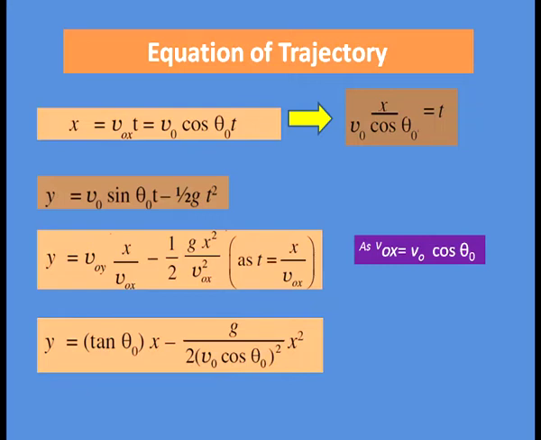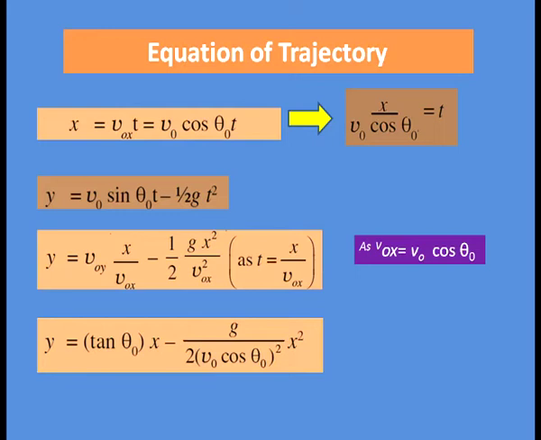So, it becomes y equal to Voy, that is V0 sin theta 0 is Voy. In place of t, we put x divided by Vox as Vox equal to V0 cos theta 0 minus half gx square divided by Vox square. In place of t square, we have put x square divided by Vox square.